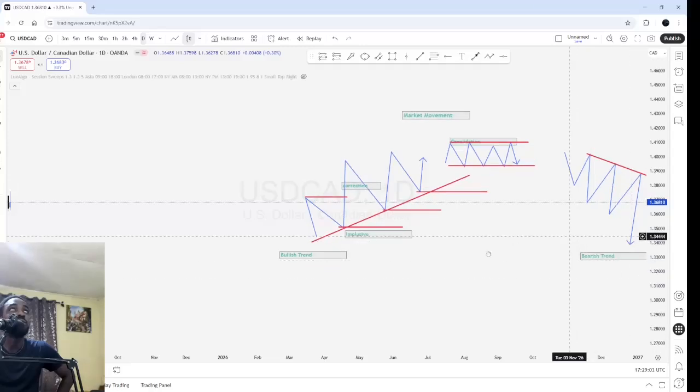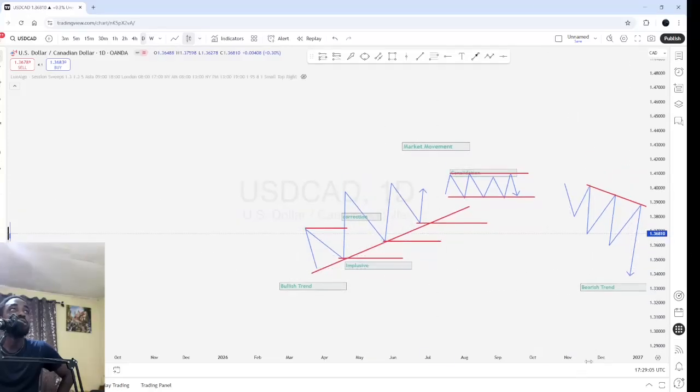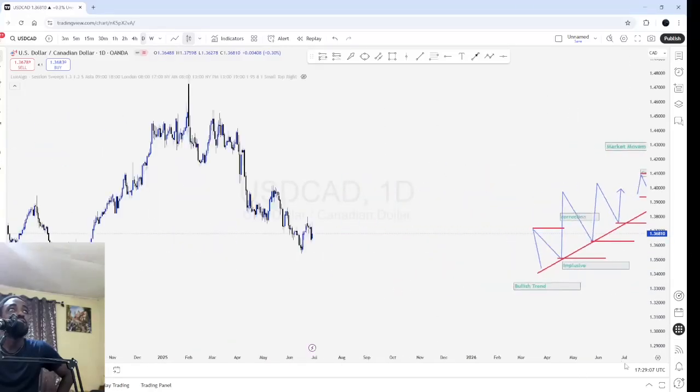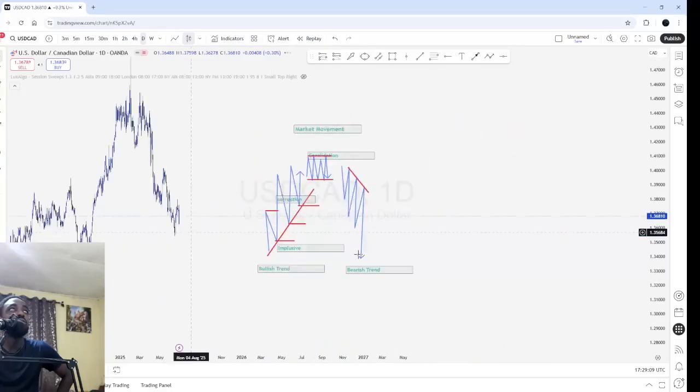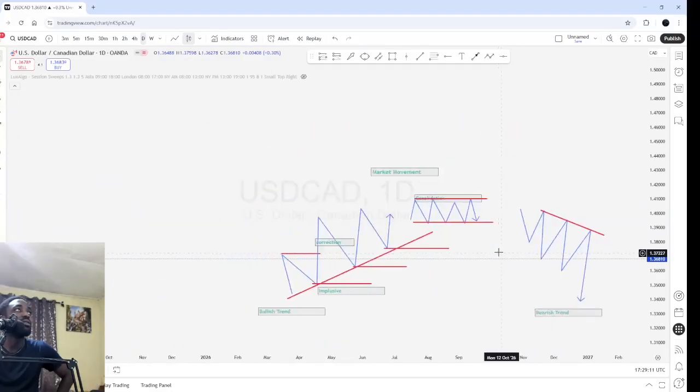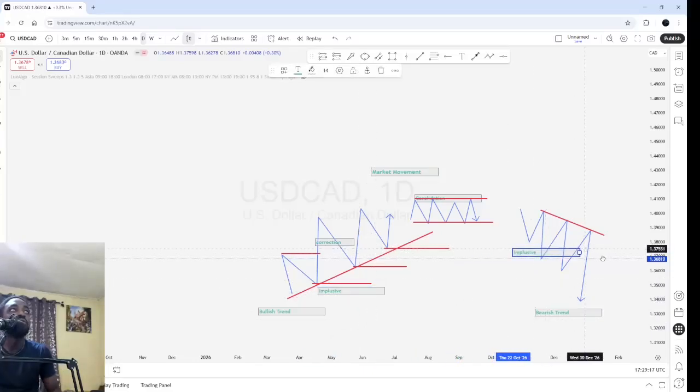So there's a bearish trend. First of all, we have the impulsive move. This is the impulsive move, and this is a correction move.